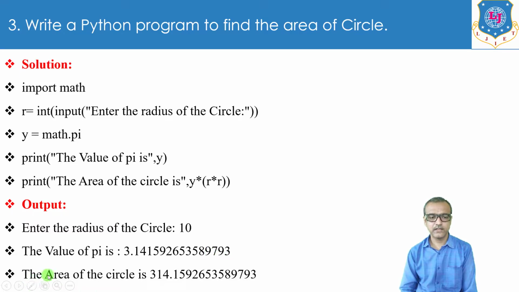Now the area of the circle is, see, what will be the area of the circle? Multiply 10 by 10, so it will give you 100. Now multiply 100 by this pi value, you will get answer, that is this one, 314.1592, and so on. So this is the required area of a circle.